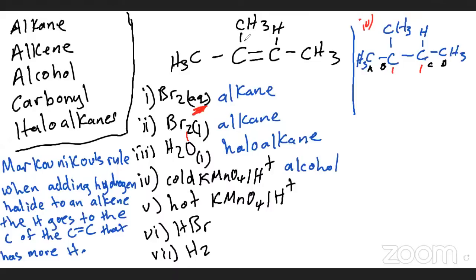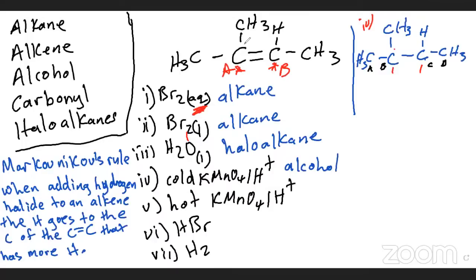So looking at this, over here, looking at these two carbons, which one of them has more hydrogen directly attached to it? A or B? B. Because B has one hydrogen attached to it.